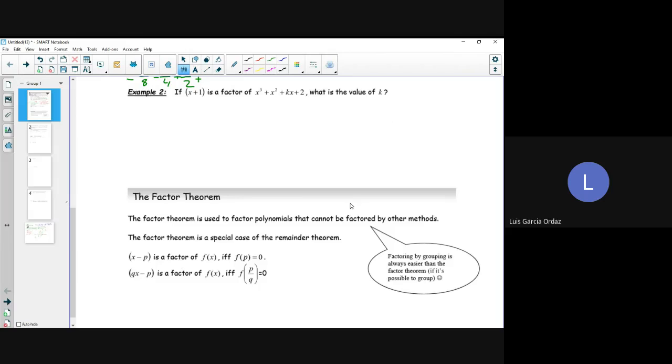That equation equals 0. Okay, so we're going to make this whole equation equal to 0. So you have 0 is equal to x cubed plus x squared plus kx plus 2. But since the question states that x plus 1 is a factor, what are we going to sub in for x? -1.